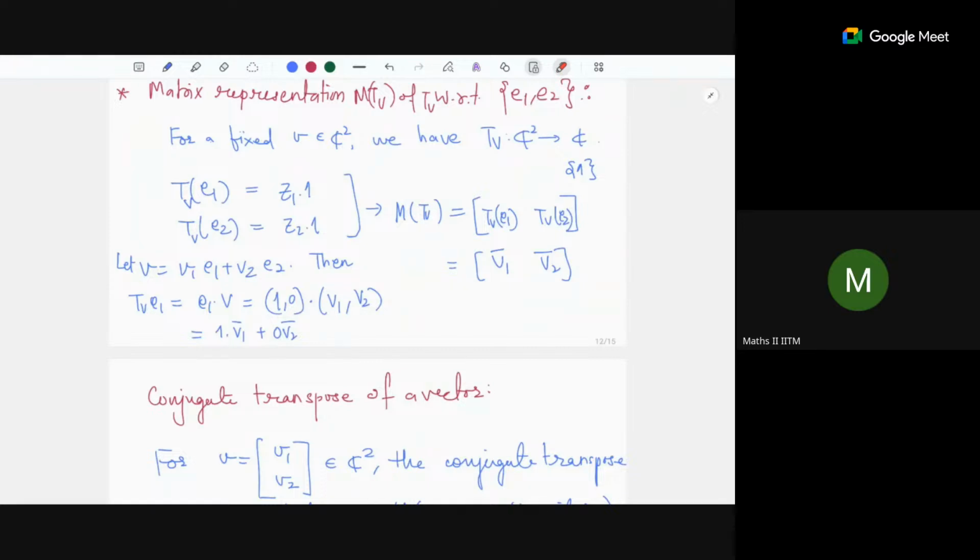Any real number is a complex number. So you can express any complex number as some complex multiple of 1. That is easy to see, right? You can think of any complex number as z times 1.